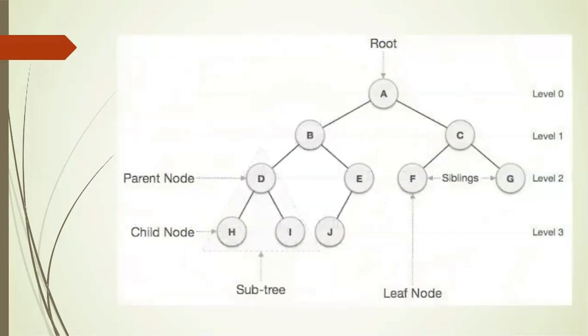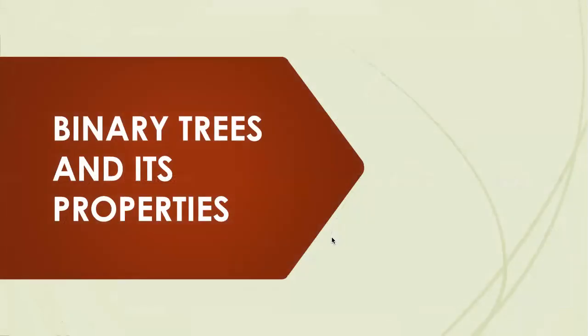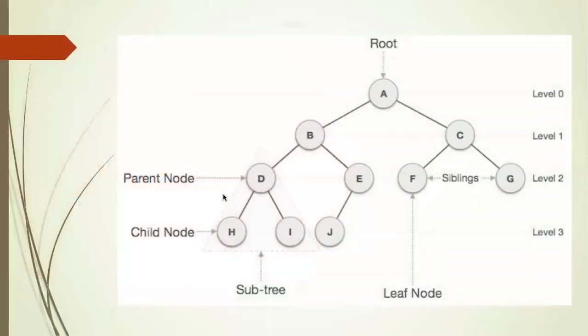Let's see this diagram and it'll be really easy to understand. This tree has totally 10 nodes, of which A is called the root node and the other nodes are called the children nodes.